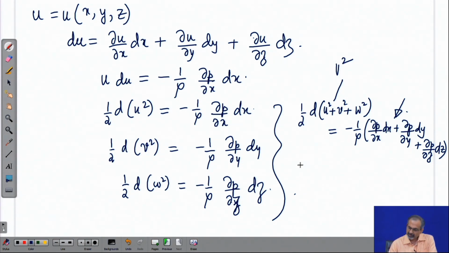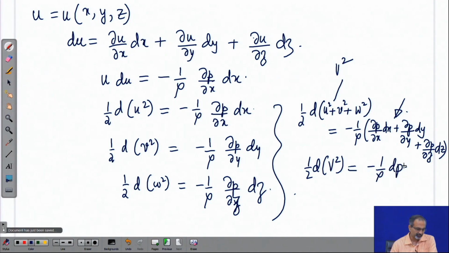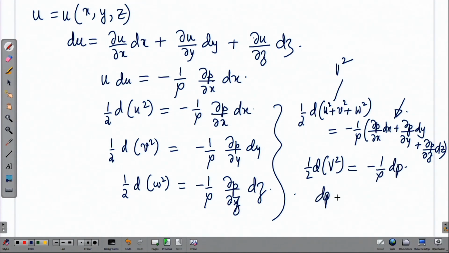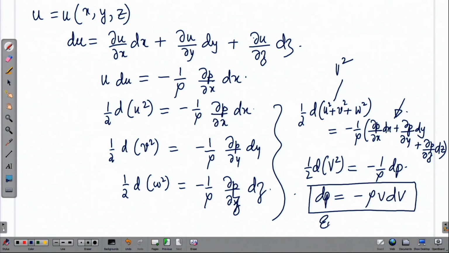So, what do you have finally? You have half d capital V square is equal to minus 1 by rho dp. If you rearrange, you get dp is equal to minus rho V dV. This is a famous equation in aerodynamics, which is called the Euler equation.